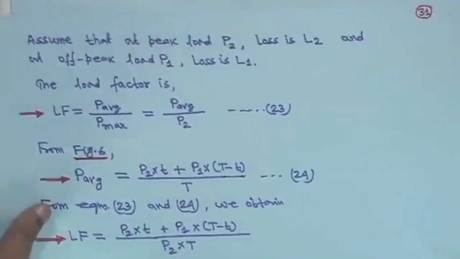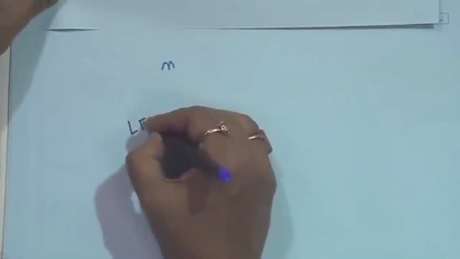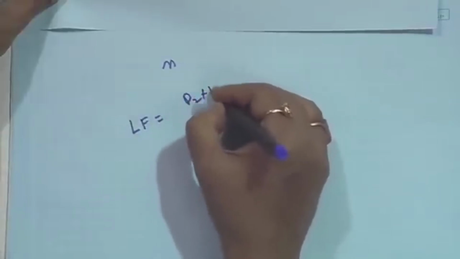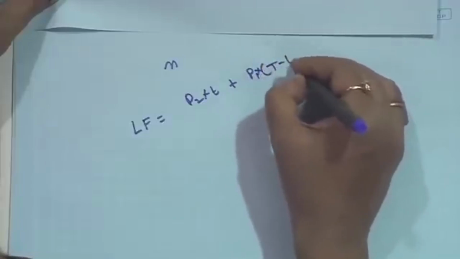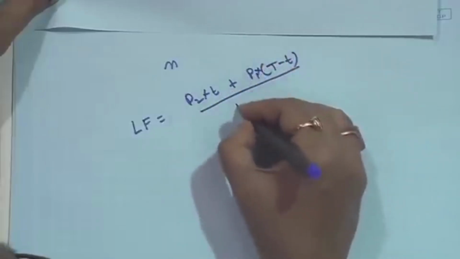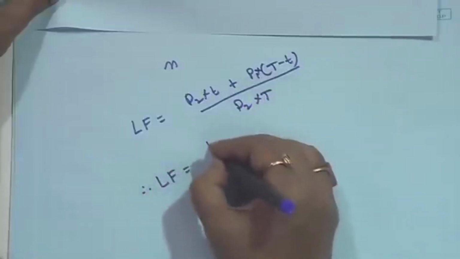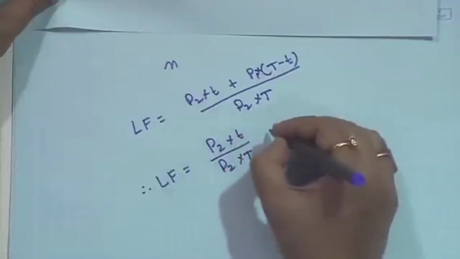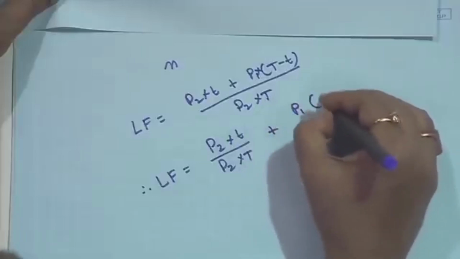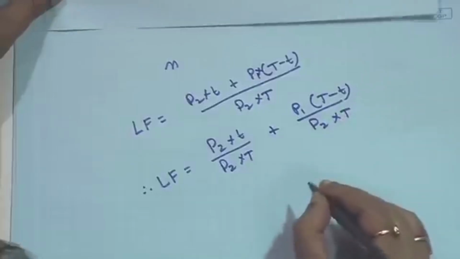Next, this load factor LF, I am rewriting once again, is equal to P2 into t plus P1 into T minus t, divided by P2 into T. That means it can be written as P2 into t divided by P2 into capital T, plus P1 into T minus t divided by P2 into T. This way you can write.